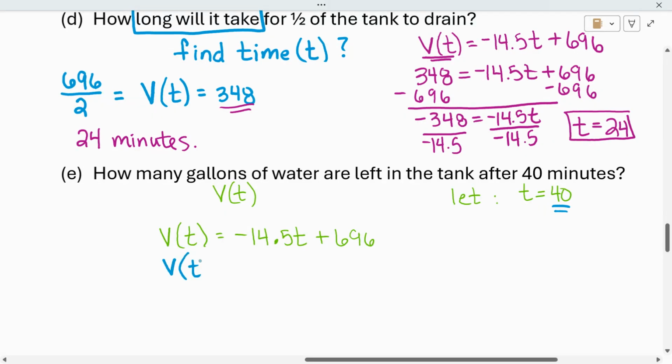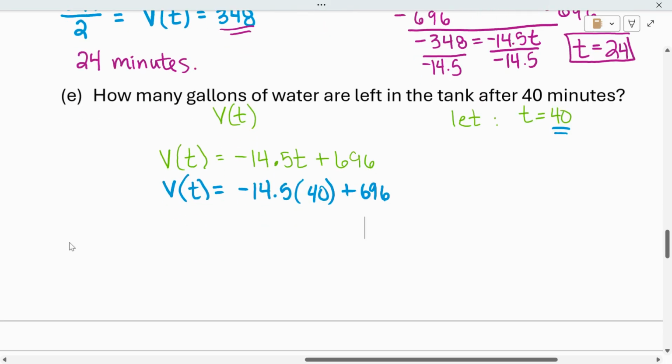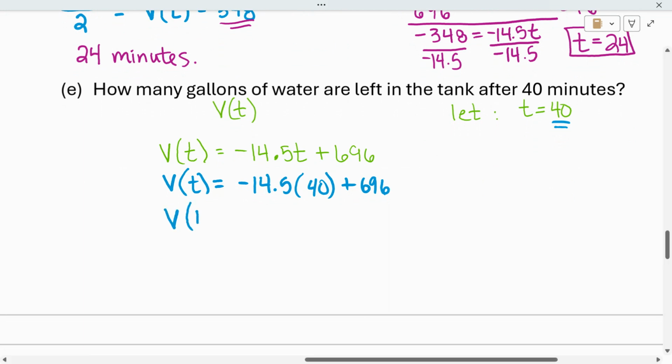So V of t equals negative 14.5 times 40 plus 696. Well, negative 14.5 times 40, when you use your calculator, you find out that negative 14.5 times 40 is negative 580. 580 plus 696, well, that means that the volume of water left in the tank after 40 minutes is 116.